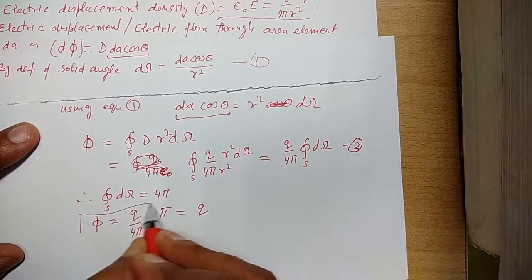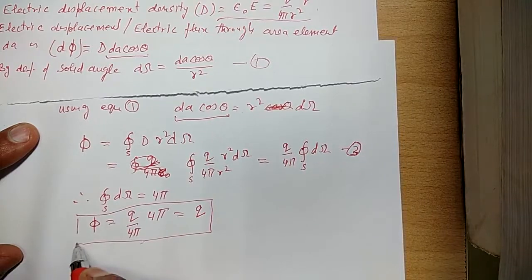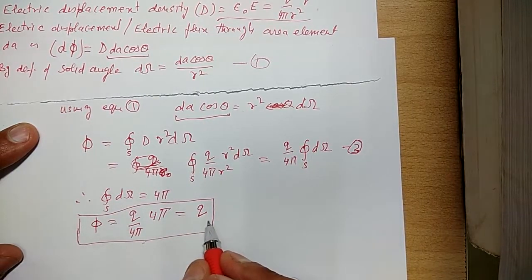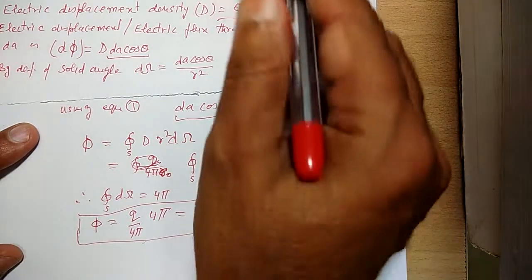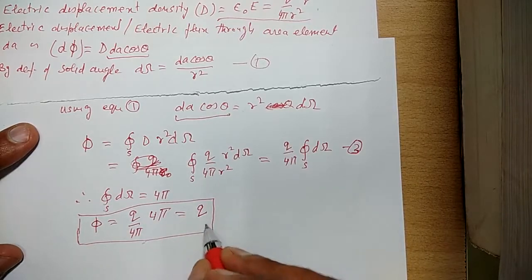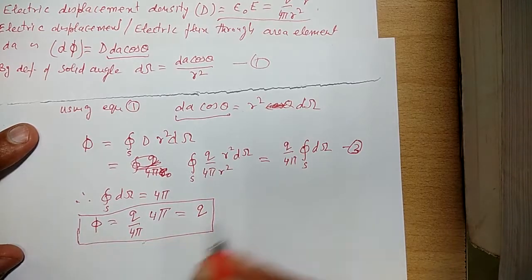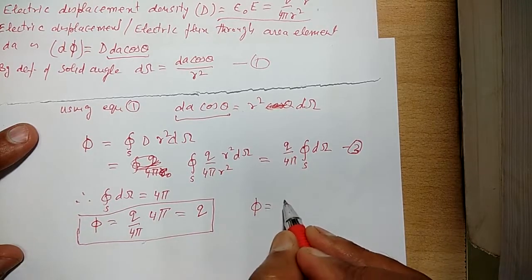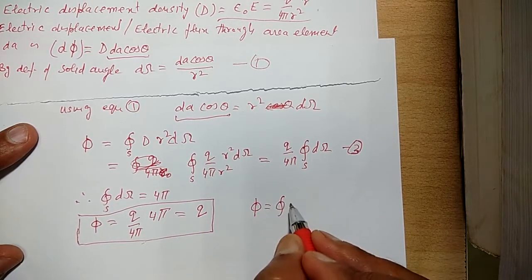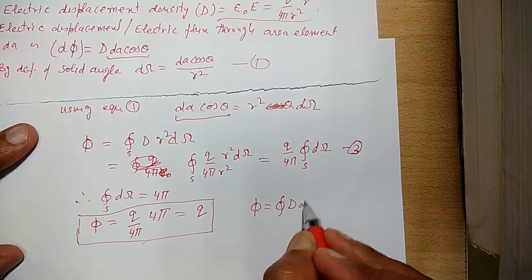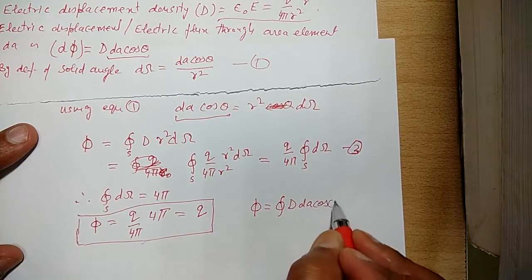So we will get this relation that total electric flux is equal to the amount of charge enclosed by that surface. Or we can write this in integral form because this electric displacement or electric flux phi is equal to d dA cos theta.